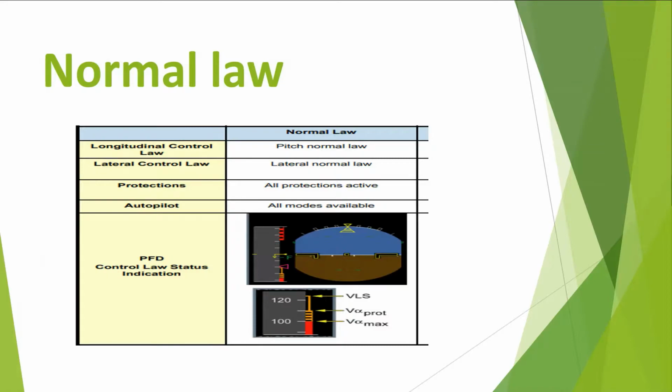For the normal law, the main objectives are to provide comfortable handling characteristics and comfort to the passengers and crew. In normal law, the primary and secondary computers receive inputs and give commands for protecting the aircraft in different ways, for example rotation, load factor protection, and angle of attack.